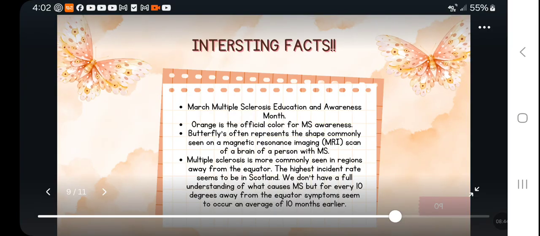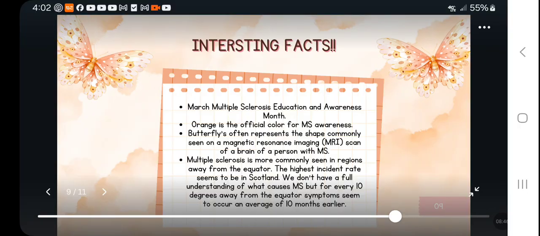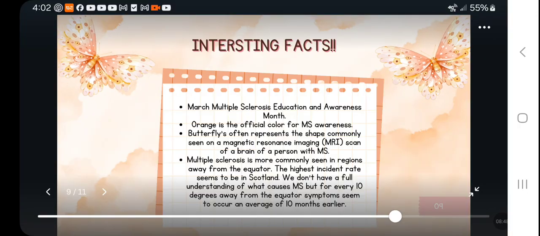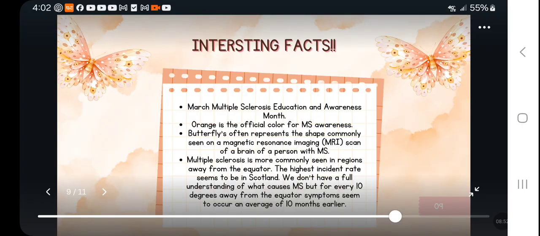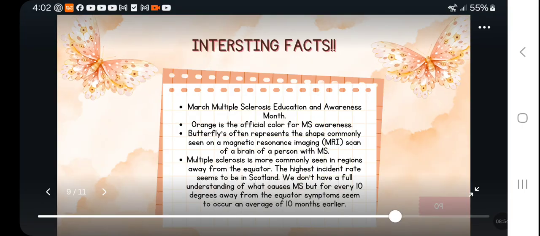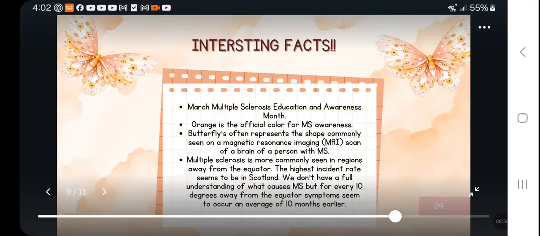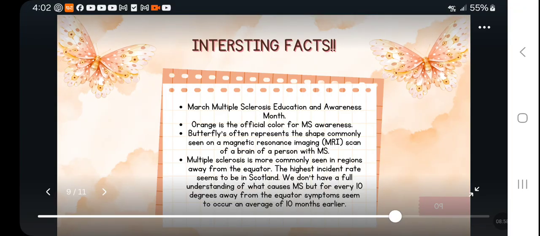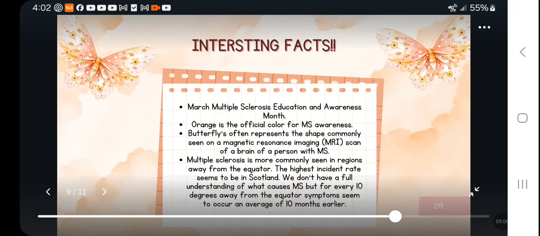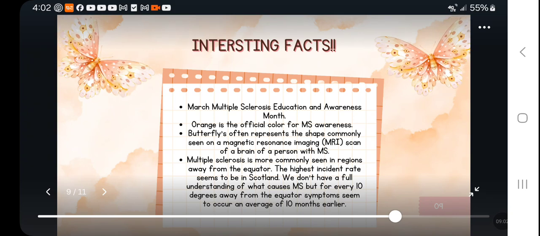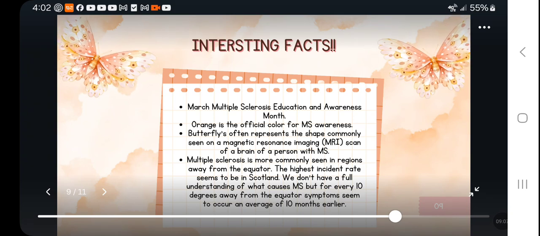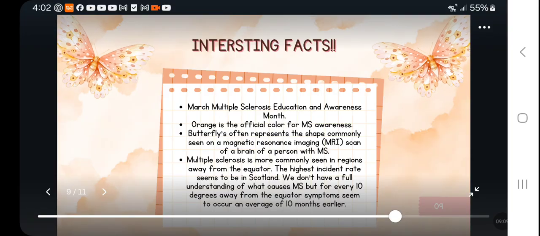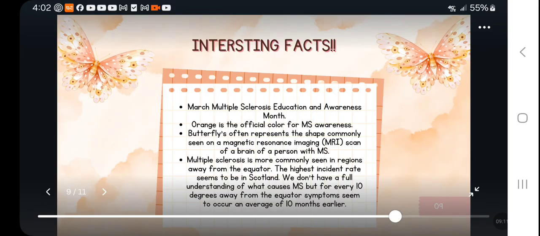Butterflies often represent the shape commonly seen on a magnetic resonance imaging, MRI, scan of the brain of a person with MS. Multiple sclerosis is more commonly seen in regions away from the equator. The highest incident rate seems to be in Scotland. We don't have a full understanding of what causes MS, but for every 10 degrees away from the equator, symptoms seem to occur on average 10 months earlier.